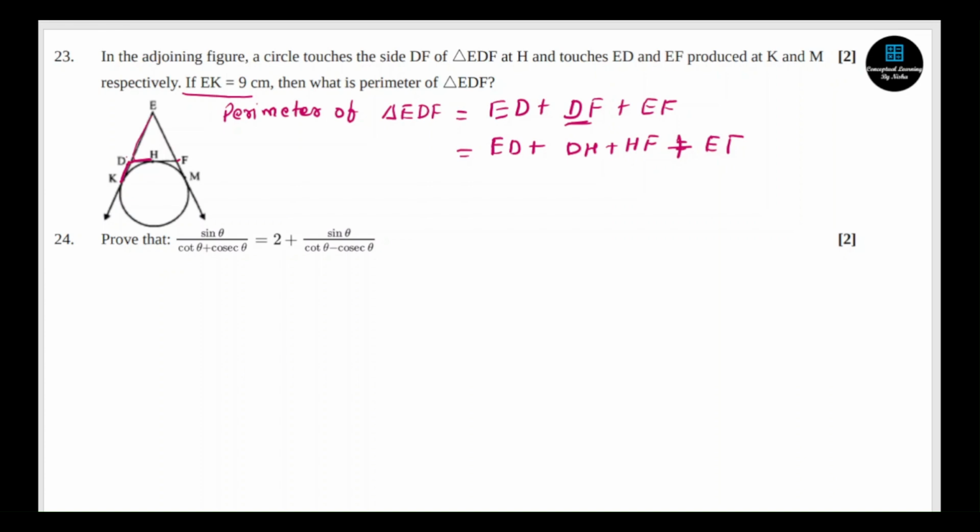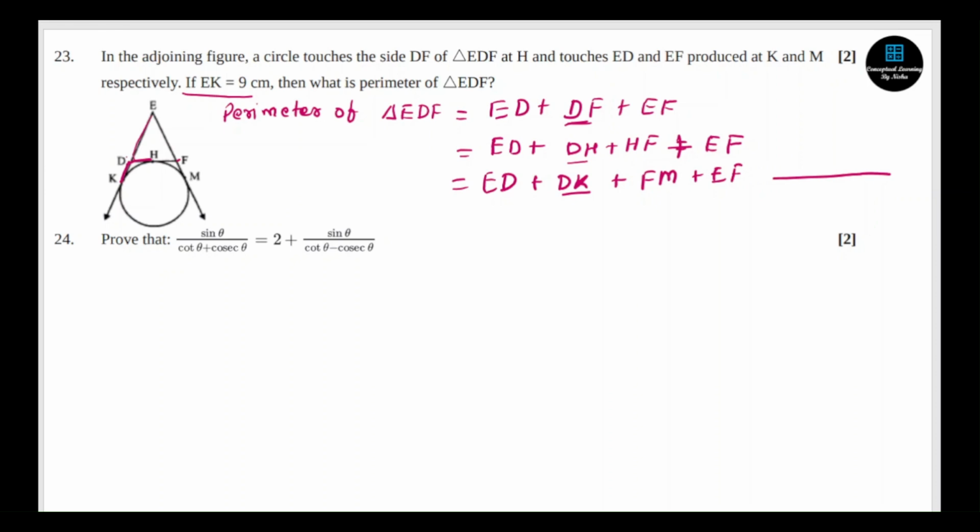We already learned that. So I can replace this. See, ED plus I can say DK plus here HF I can say it is the same as FM, correct? So this is FM plus this is EF, right? Alright, here you have to write the reason why I have replaced this. Okay, you have to write D is the external point and DH and DK are the two equal tangents.